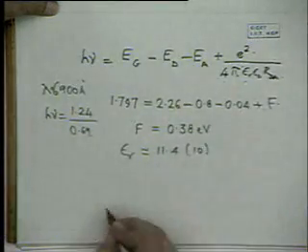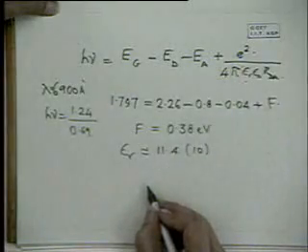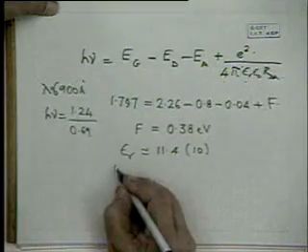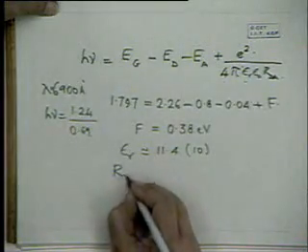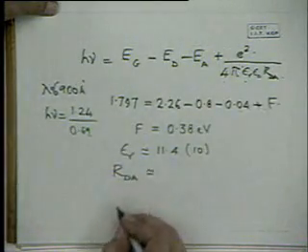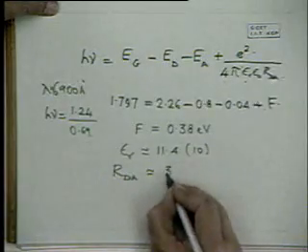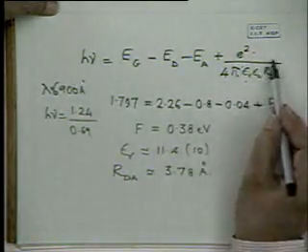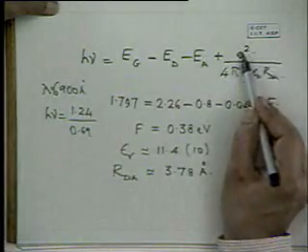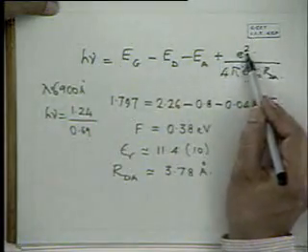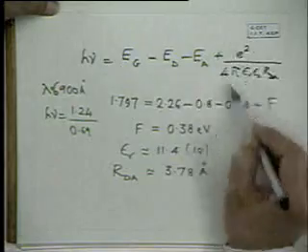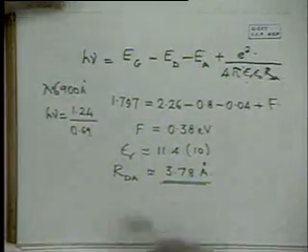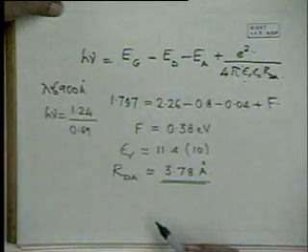You put in all these values, e squared, etc., and you get R DA comes out to 3.78 angstroms. This is in electron volts, so you take out one e because the whole thing is in electron volts, and you see this is a realistic value for the donor acceptor distance.